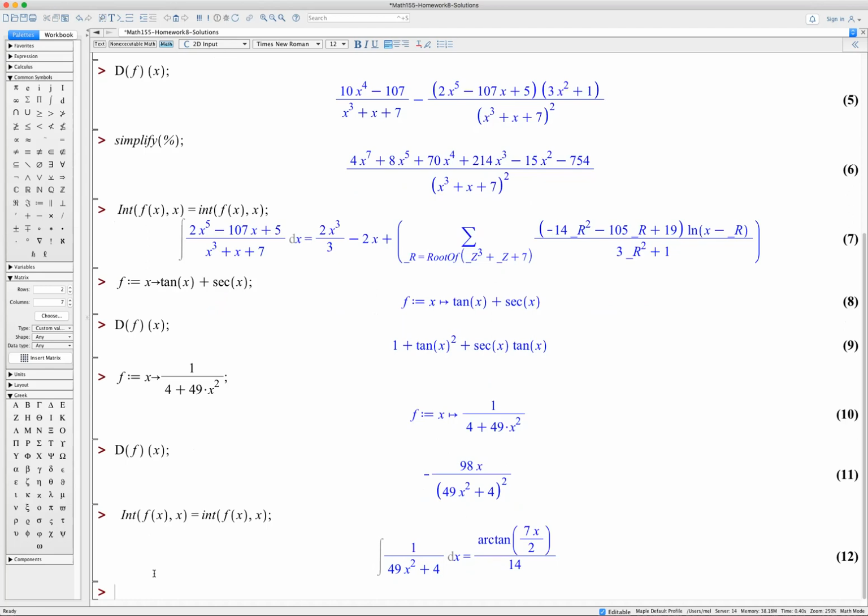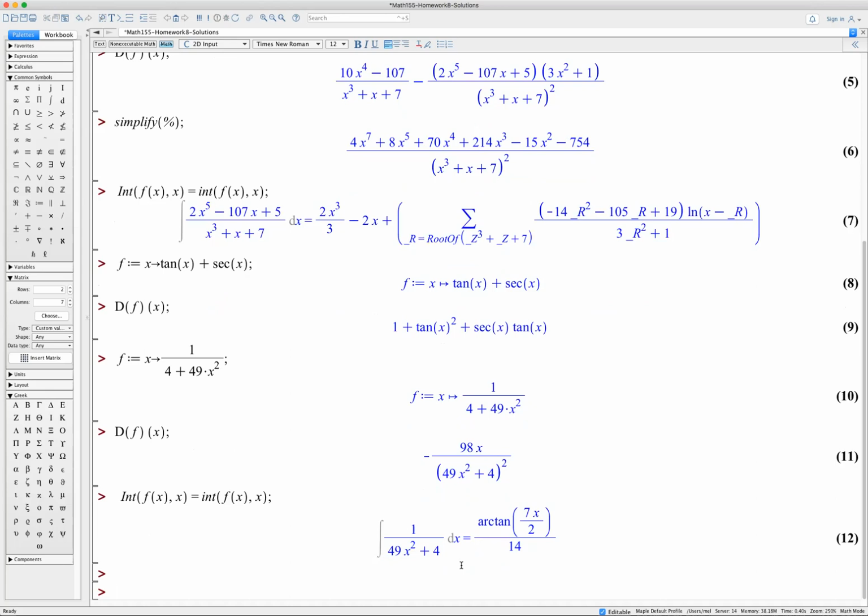So it's the arc tangent. You won't know that probably in Math 175, but you definitely will learn it in Math 175. Problem 2.